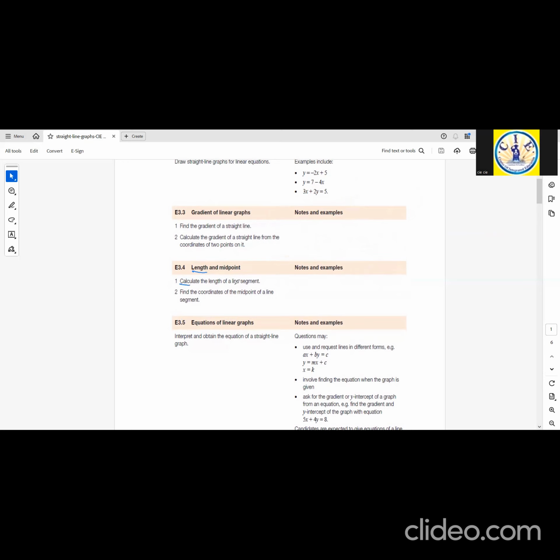Calculate the length of a line segment. For that, suppose we have got 2 points on a line. A line is being drawn like this, and we have got 2 points on that line. This one and this one.